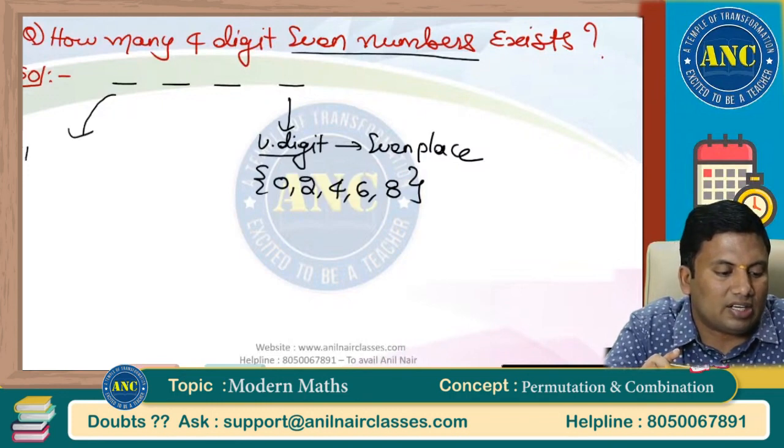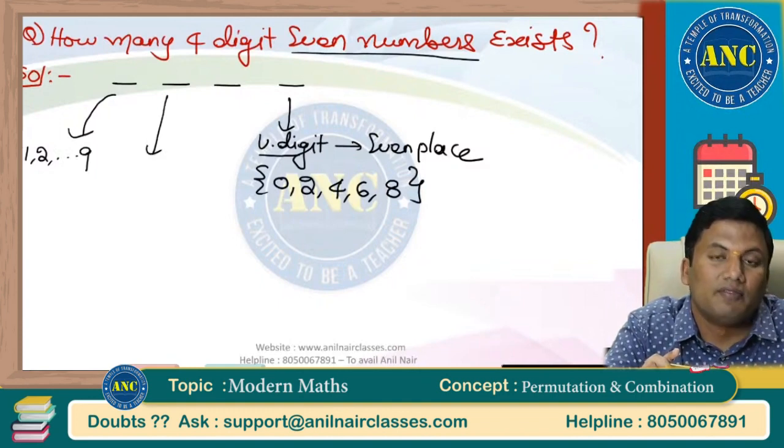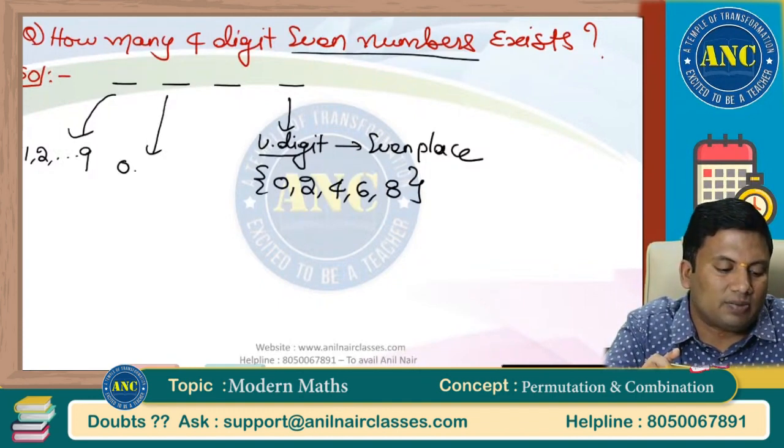Leftmost cannot take 0, it can take any value from 1 to 9. There is no restriction on the values at the tens place and hundreds place, so it is 0 to 9.